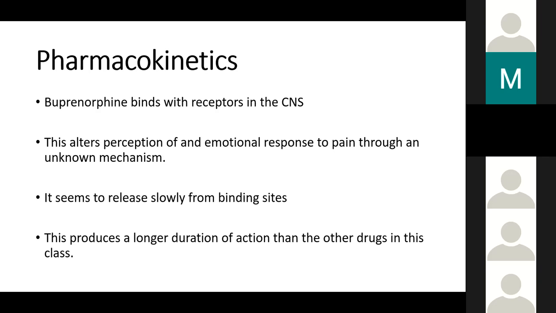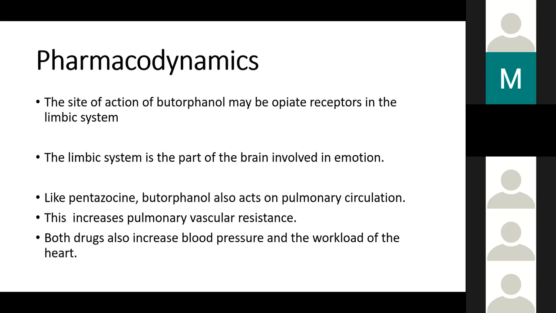This medication usually binds to receptors in the CNS and alters the emotional response to pain. And it is released slowly from the binding site and produces a longer duration of action than the other medications in the class.